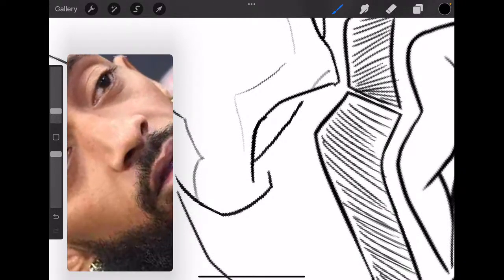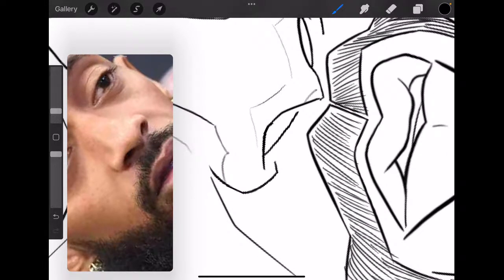So let me see that angle. And I think it's interesting. This line doesn't necessarily go all the way down. Kind of tapers off a little bit.